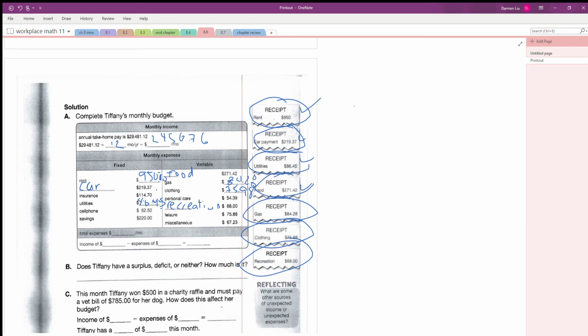Gas is 84.28. Clothing 75.98. $54.39. Add on $68 for recreation, $75.88 for leisure, and $67.23 for miscellaneous. So our total expenses here is $2350.2.